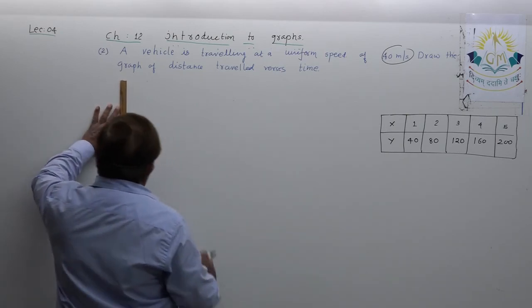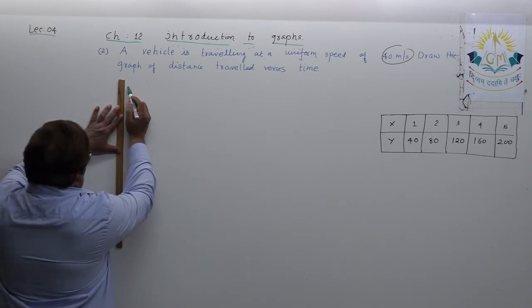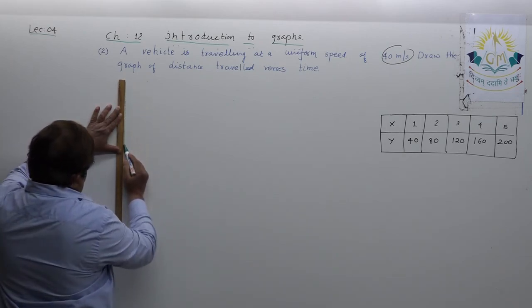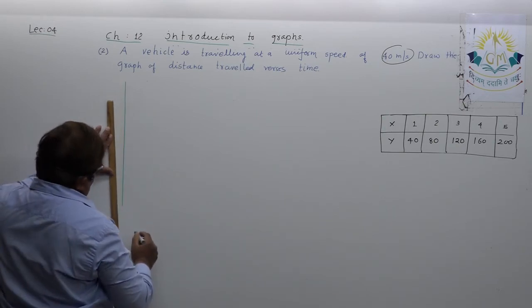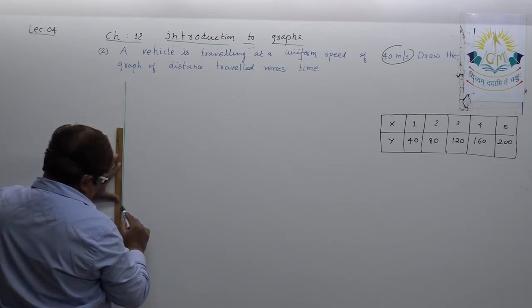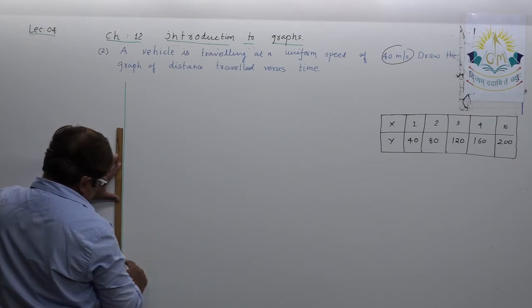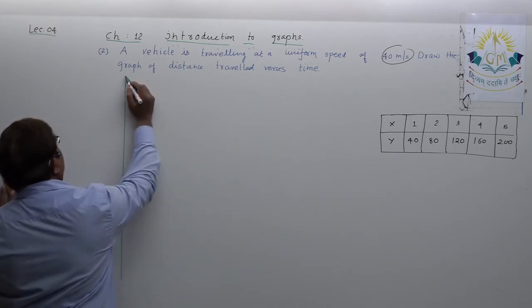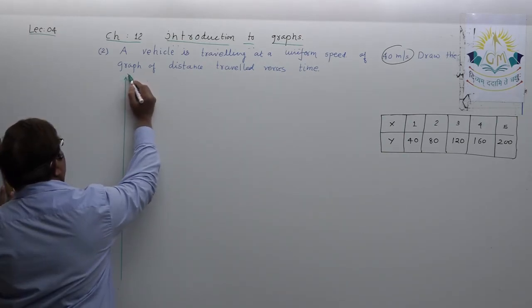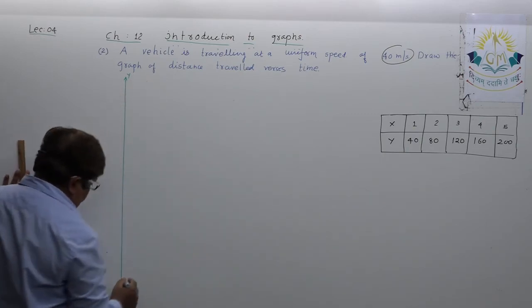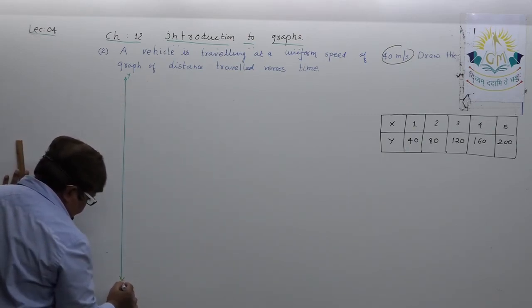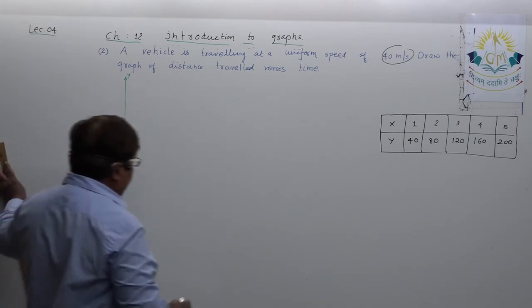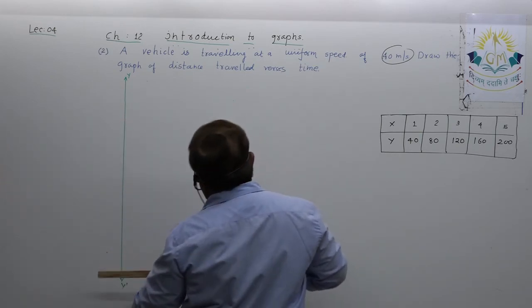So simply by leaving one box, as you all know, first that is the y-axis. Okay, draw with me: y-axis, y dash, then x-axis.